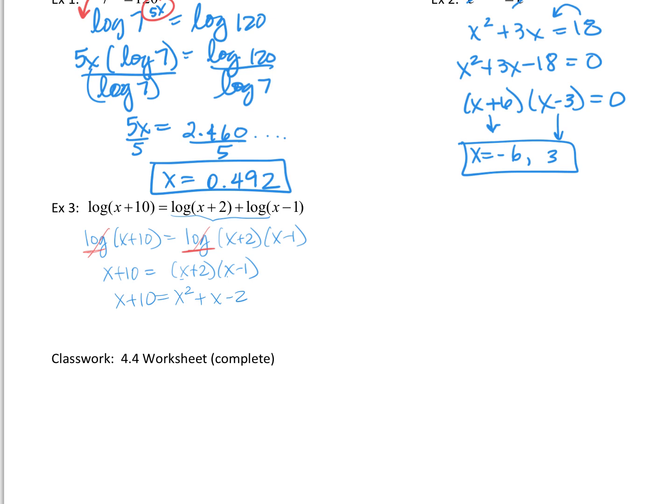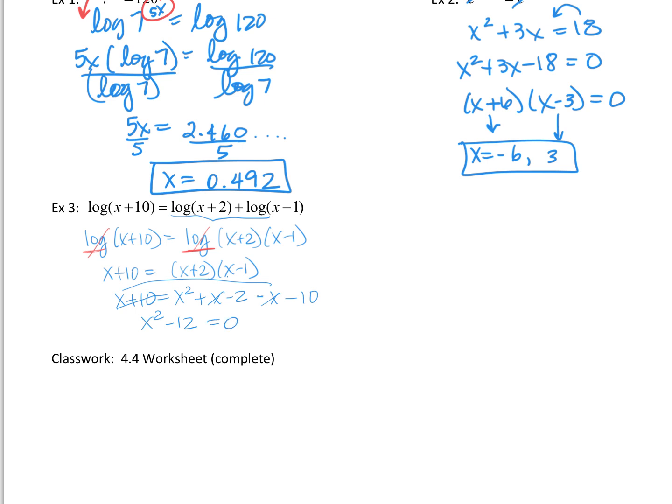Then what? We move the 10 and x forward. I'm going to move these over, so it's going to be a minus x and a minus 10. So I'll end up with x squared minus 12 equals 0.